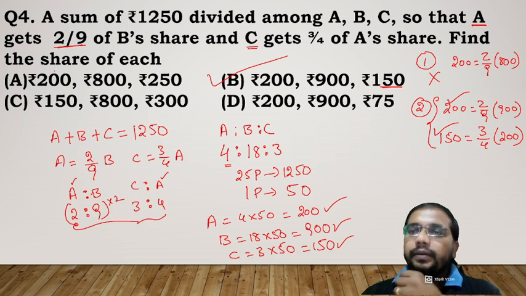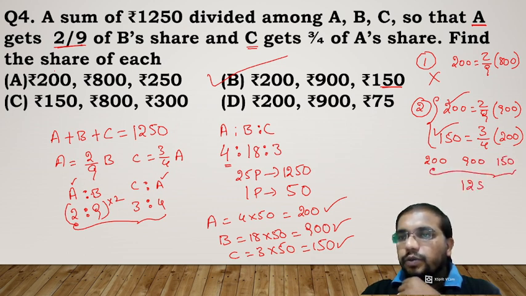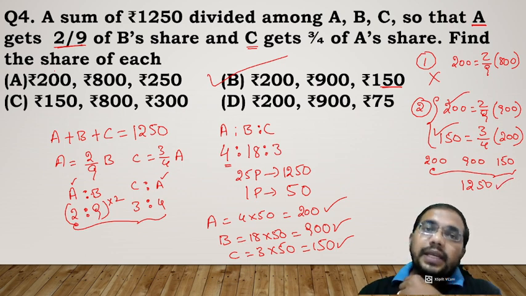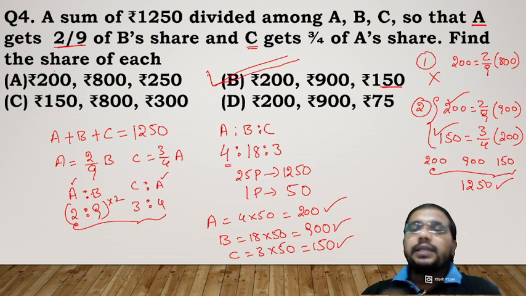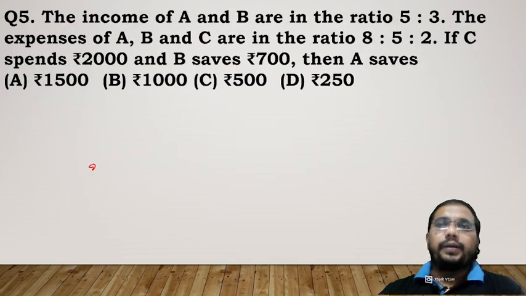And one more thing, A share 200, B share 900, C share 150, then is the total money equal to 1250 or not? By checking the options, option B is satisfying all the conditions. So the answer is option B. Clear? Right.